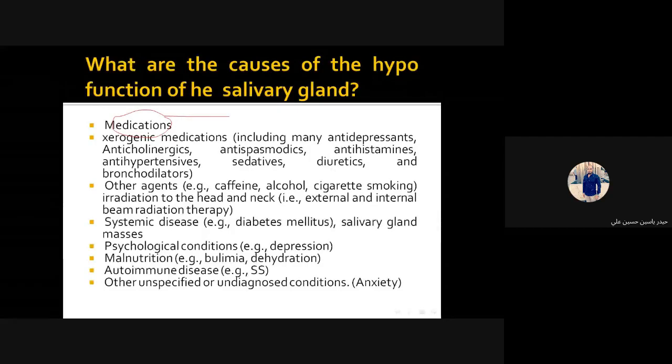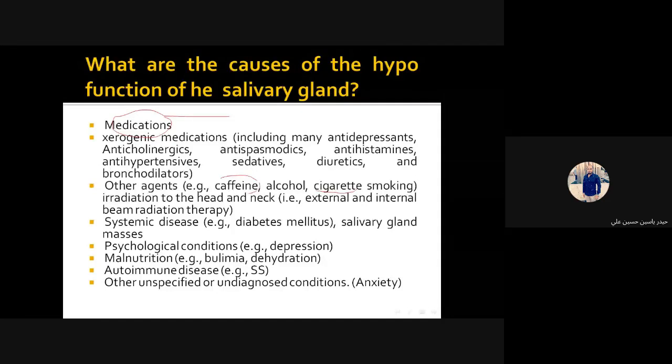Further investigation is needed in order to determine whether there was an excessive amount of alcohol, caffeine, and cigarette smoking. And we have to take into consideration if the patient previously has been treated with radiotherapy or chemotherapy, which influences the secretion of the saliva.